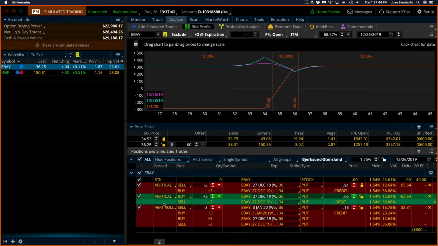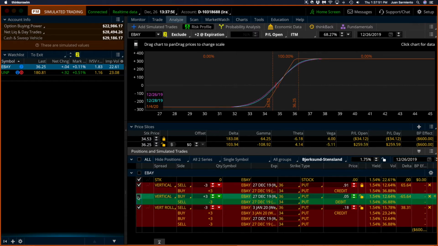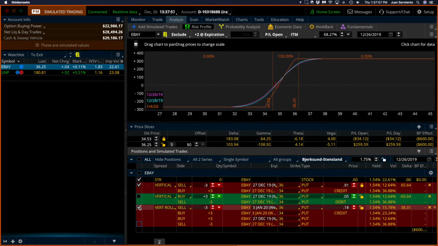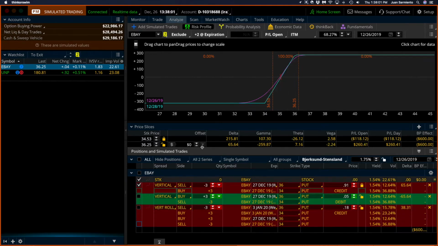And here we are. Sorry about the noise. We delete this or unselect it, so we have the original here. All right, that's the original trade, and then I do the rollover at the same strike prices, and that's the new trade. So the old trade is a risk of 327 to make a maximum of 273.